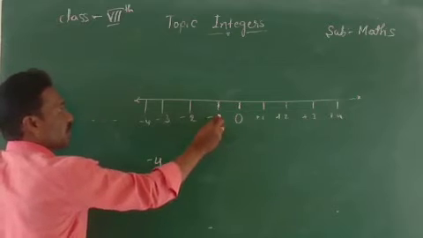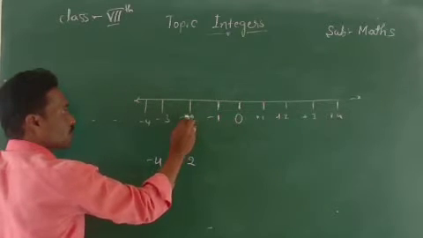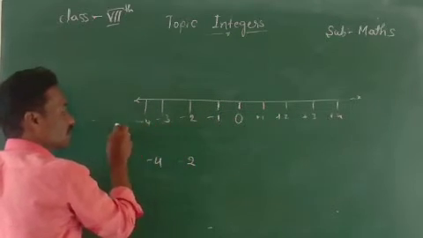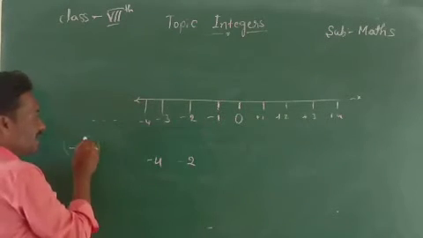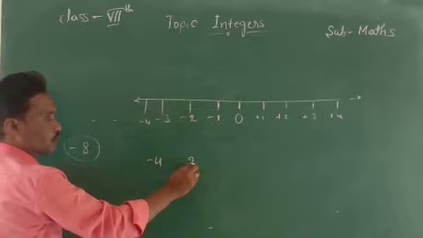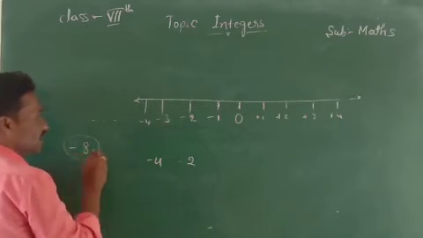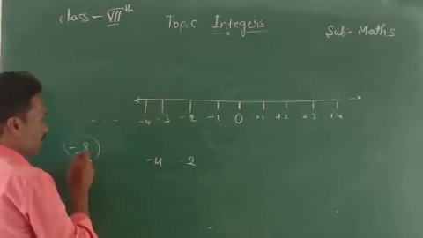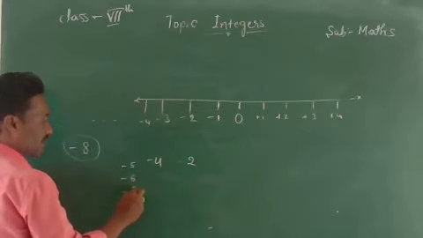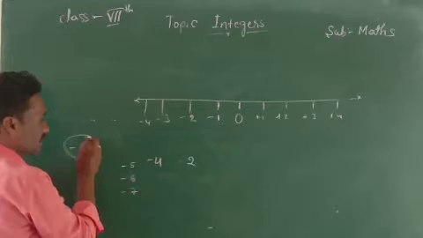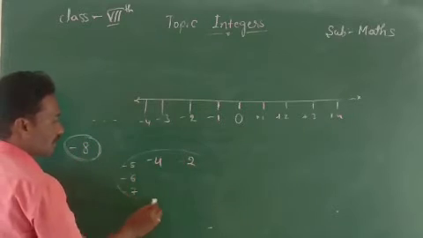Minus 1, minus 2, minus 3, minus 4, it will go on. If I take minus 8, minus 8 is smaller than minus 2, smaller than minus 4, smaller than minus 5, minus 6, minus 7. Minus 8 is smaller than all these numbers.